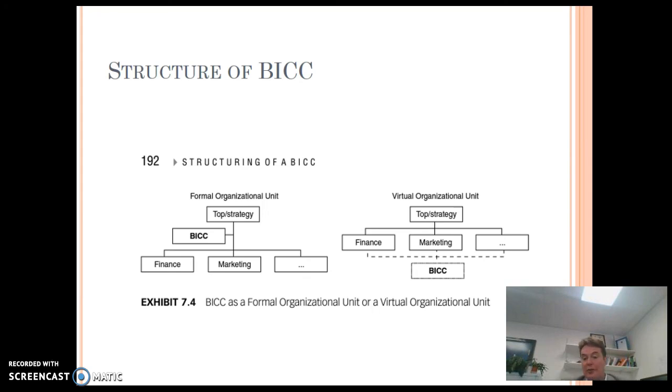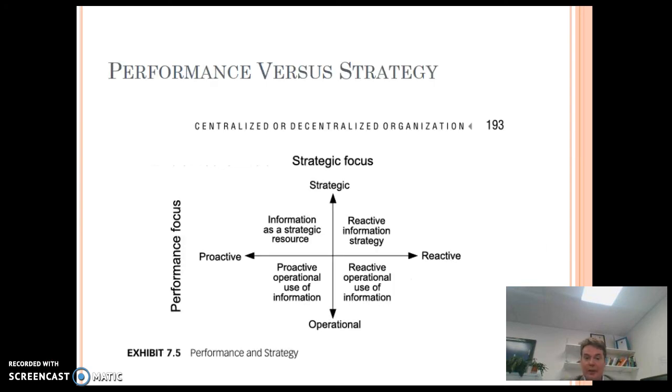Or you could have a decentralized virtual organizational unit that spans them all. The virtual unit will have better oversight of what's happening in the individual areas, and that helps break down the silos, the barriers between the different functional units. But there are advantages and disadvantages to both, so it is worth reading the chapter on this for more information.